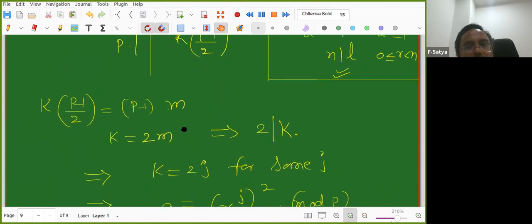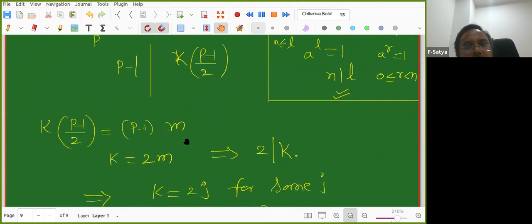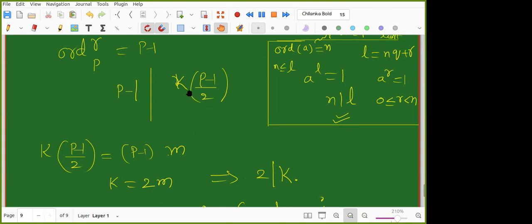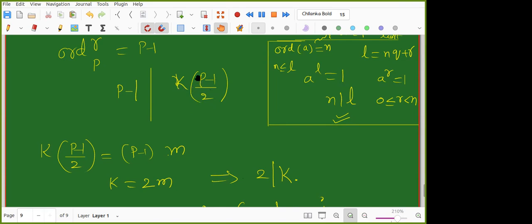You need to ask questions like this. So what do you mean? First of all, (p-1)/2 is an integer and k is an integer, so the entire thing is an integer. There is no doubt in it.